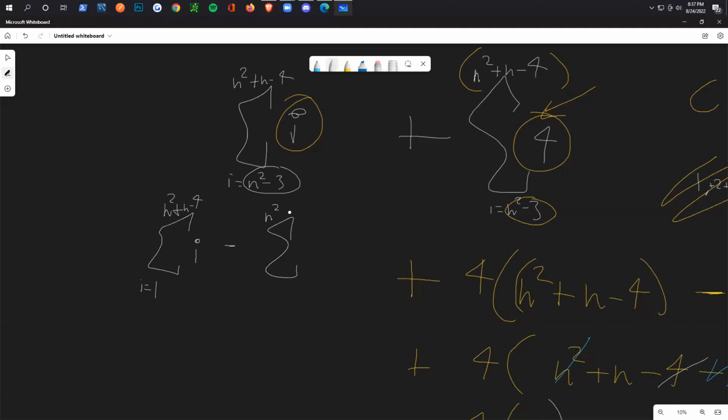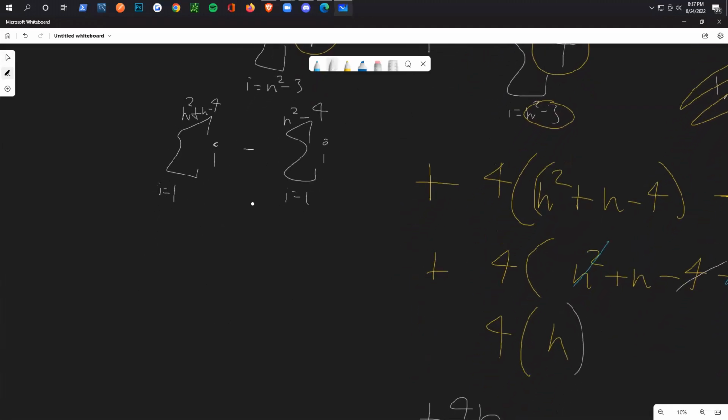So take the sum of 4i from i equals 1 to n squared plus n minus 4, minus the sum from i equals 1 to n squared minus 4. Okay, so now let's go. Formula: n squared plus n minus 4 times n squared plus n minus 4 plus 1. Let's just cut this off right here. This is going to be minus 3 because of the plus 1, all over 2.